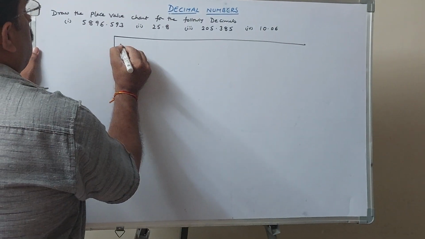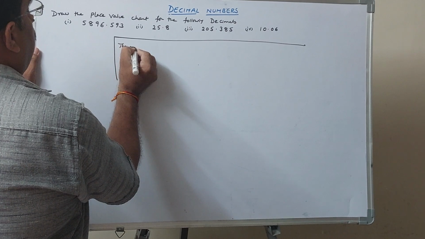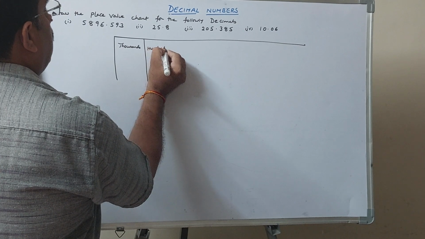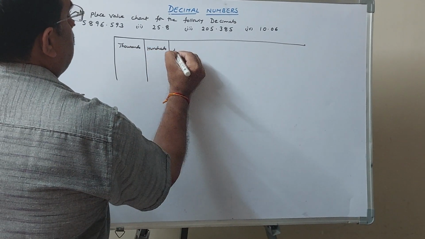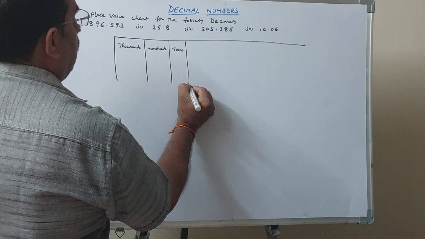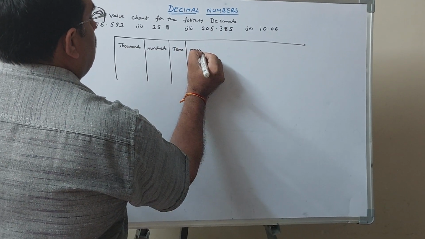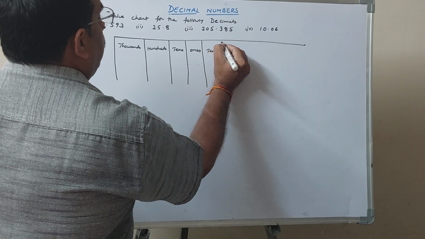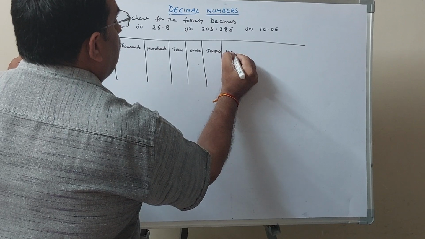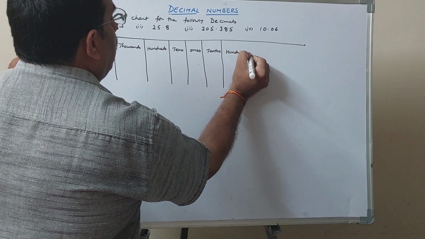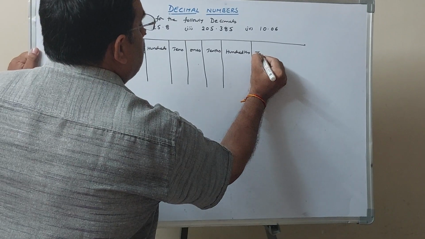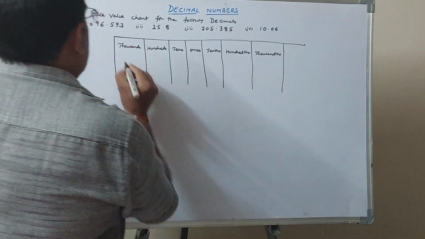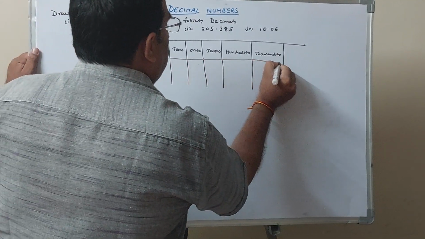See, this is thousands, hundreds, tens, ones, tenths, hundredths, thousandths. So this is the place value chart.